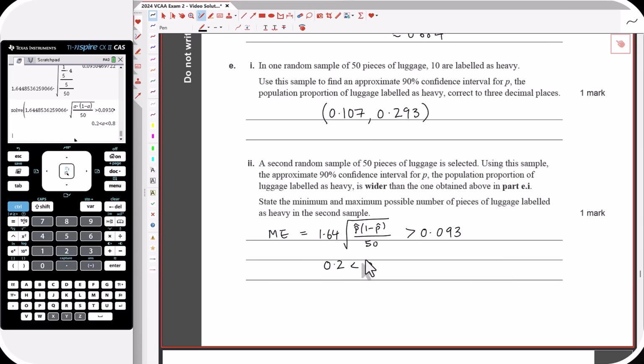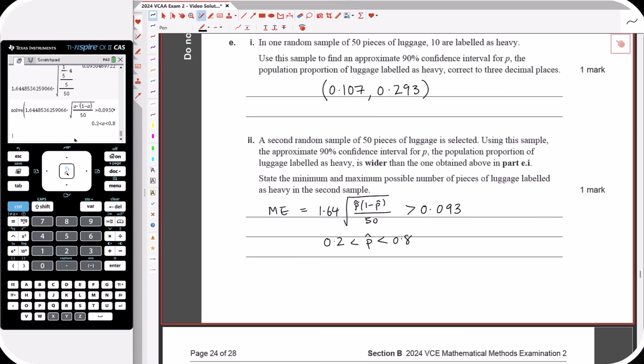Okay, so that means that I've just learnt that p hat is going to have to be between 0.2 and 0.8, which means if I times those things by 50, I can do it like this. Okay, so 0.2 times 50 and 0.8 times 50.